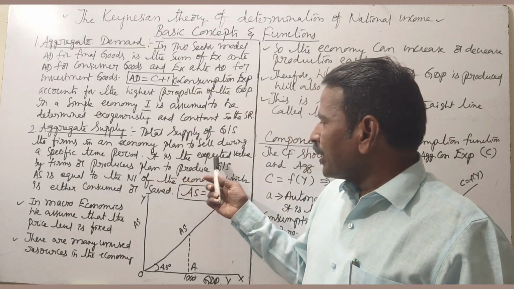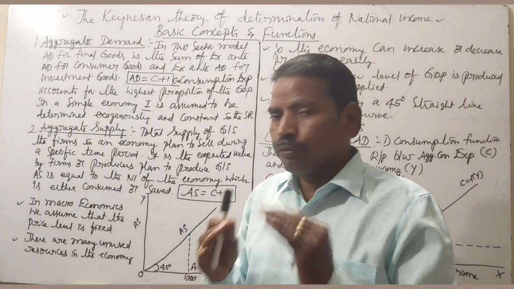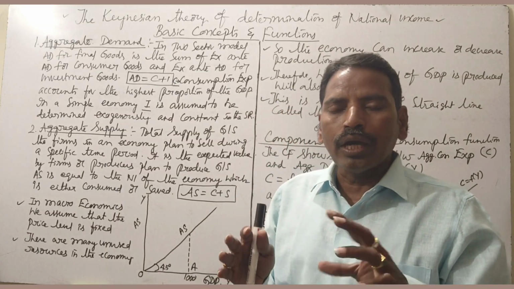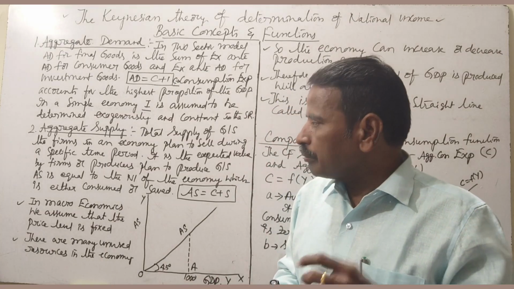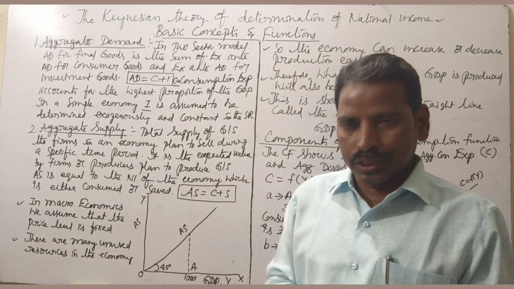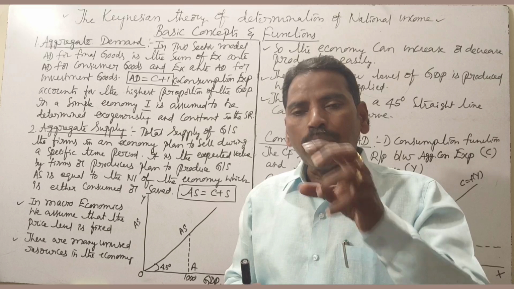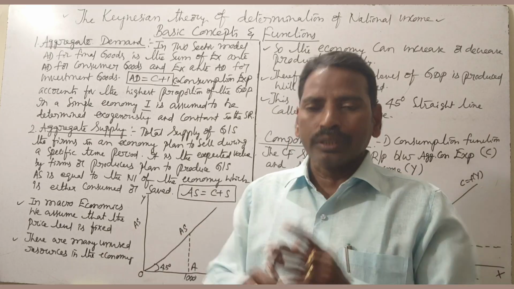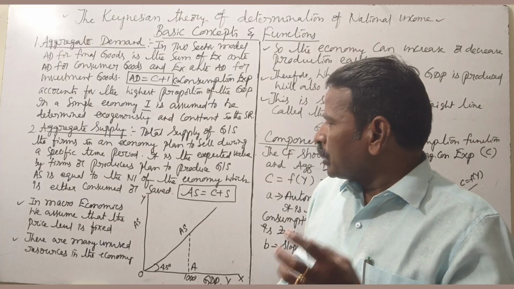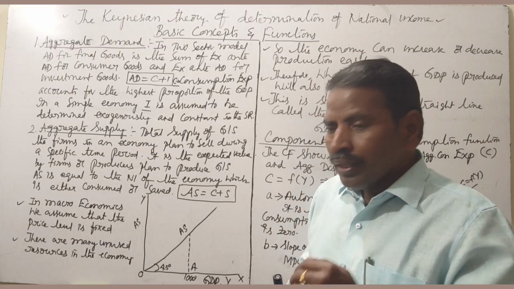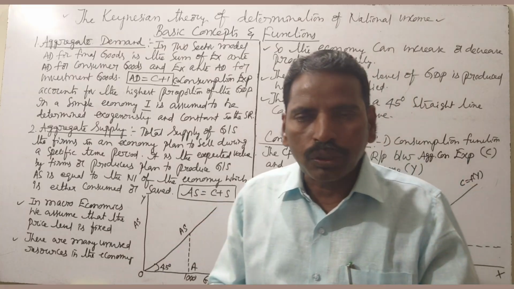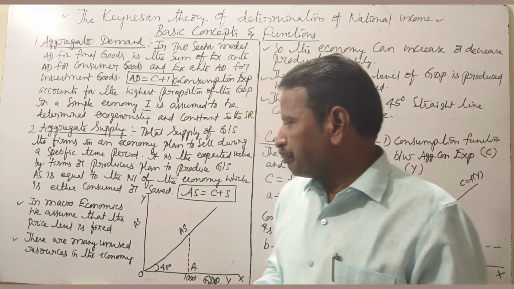It is the expected value by the firms. Aggregate supply means the value that producers plan to produce in goods and services; the expected value by the firms is also called aggregate supply.